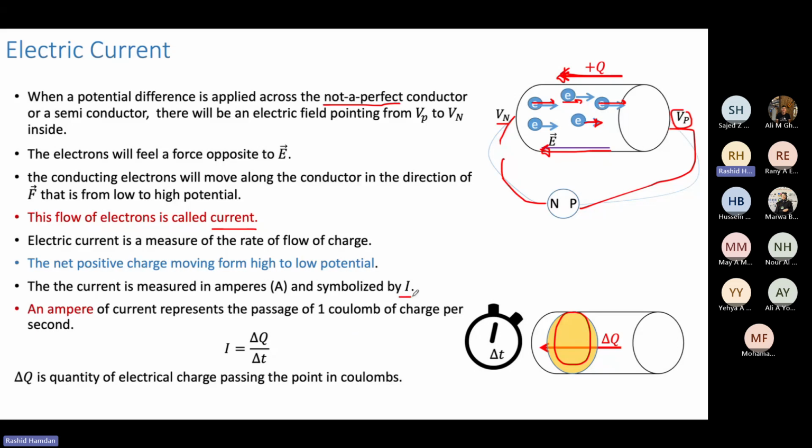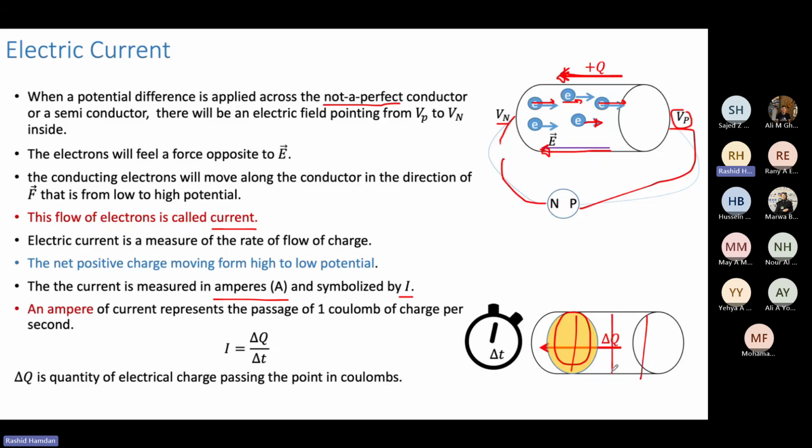So I give it the symbol I, and I measure it in the standard unit, ampere. And I is equal to dq over dt. Because the flow of charge has to be continuous, if I measure the flow of charge here, or here, or here, it has to be the same.